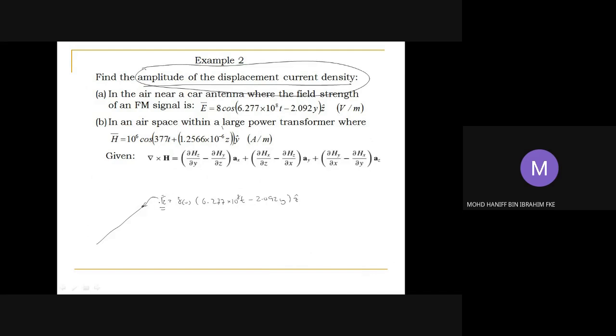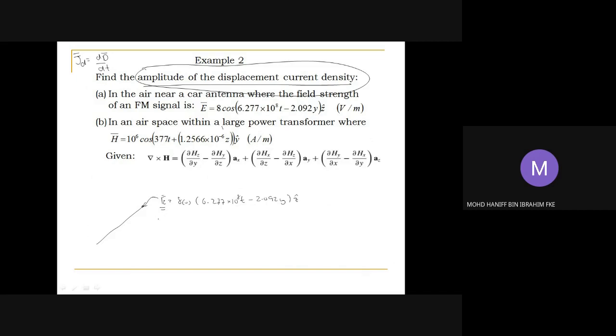Okay, so we have learned from our discussion before that the displacement current density JD is equal to the time varying changes of your time varying electric field density or intensity. So that's the relationship between displacement current and the electric field.